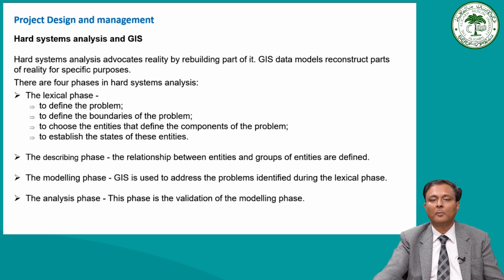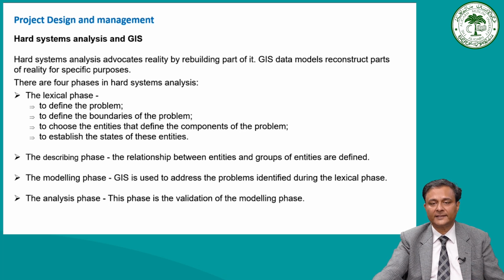The third is the modeling phase. Now, spatial information is used to address the problems identified during the lexical phase, the first phase. The way in which entities and their states, the attribute relationship, will interact and respond under differing situations is expressed in this modeling phase.